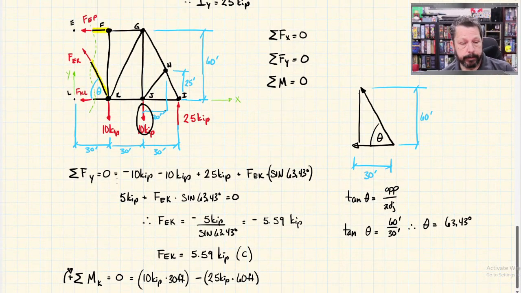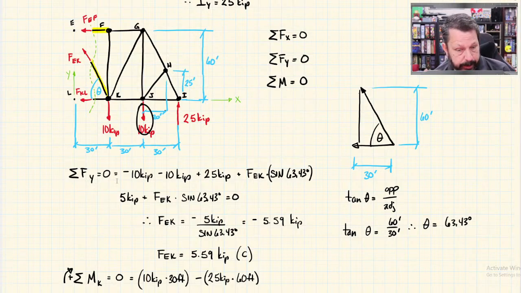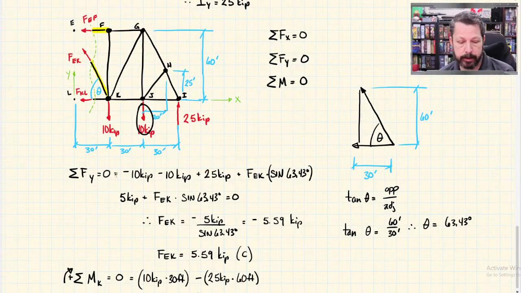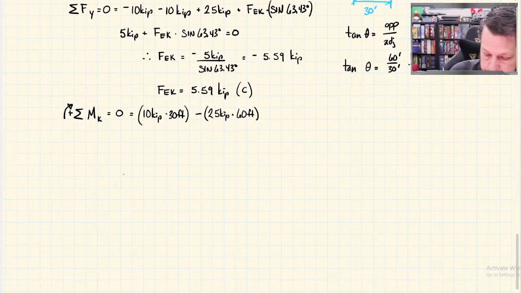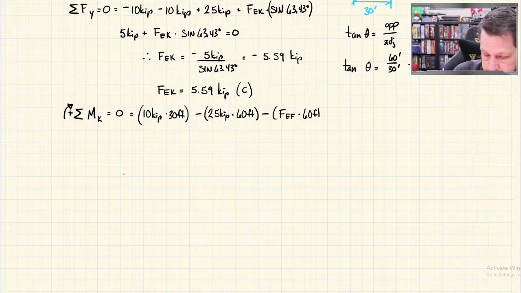The only other force is EF. The way I drew it, again, I don't know which way it's actually going, but the way I drew it is counterclockwise, and it also has a 60-foot moment arm from its horizontal line of action down to point K. So minus force in EF times 60 feet. Those all have to add to 0.